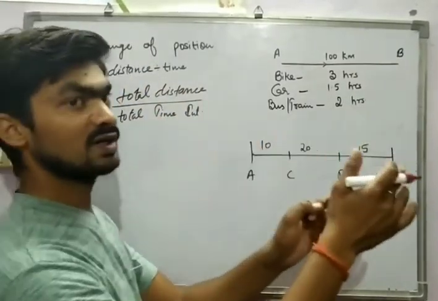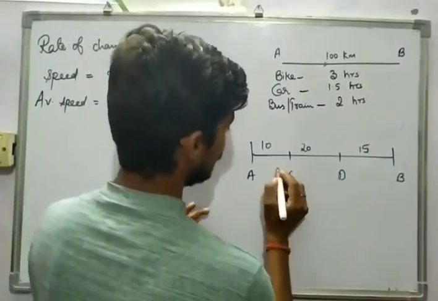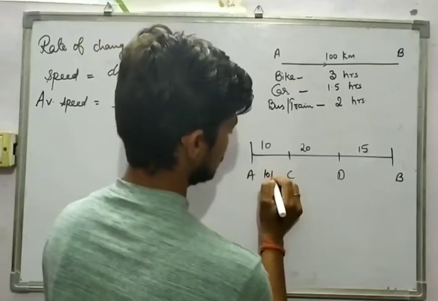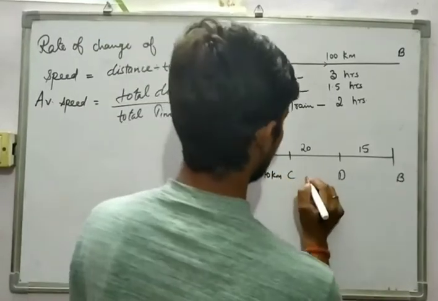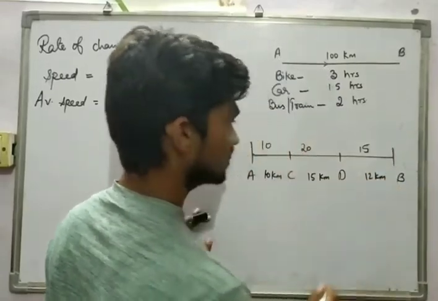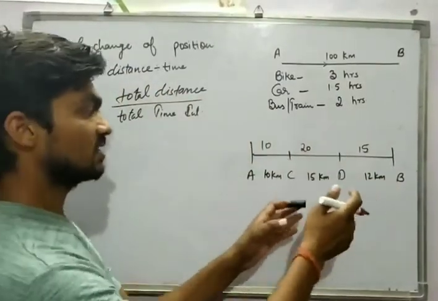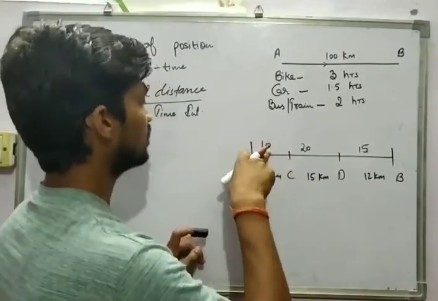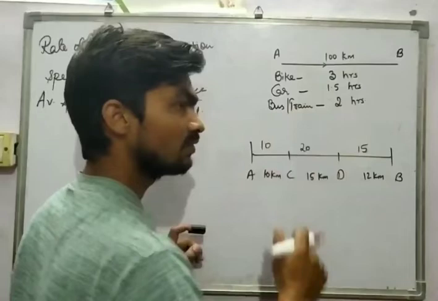So total time interval we will add, and suppose here you have traveled around 10 kilometers, suppose here 15 kilometers and here 12 kilometers for example. Then total distance means 10 plus 15 plus 12 divided by total time interval 10 plus 20 plus 15.